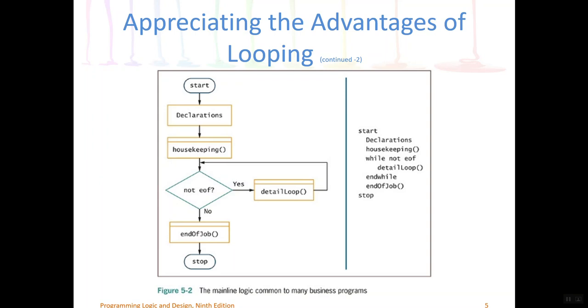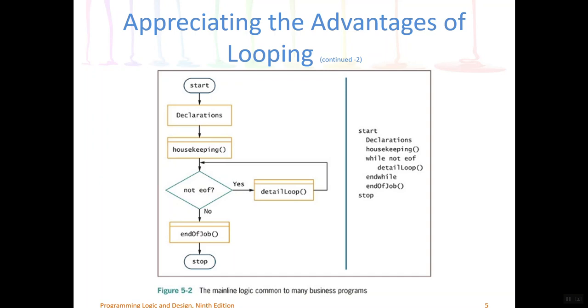In future programs and in real compiled programs, we'll see something more concrete here, a test for a value that maybe we read in from the user or some other value. But the test, if it evaluates to true or yes, for example, then we go on to execute the detail loop. This is the body of the loop.